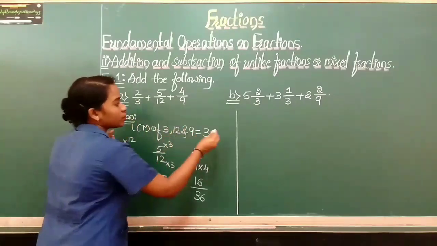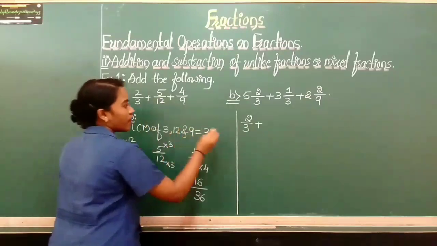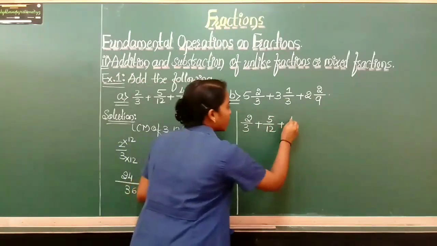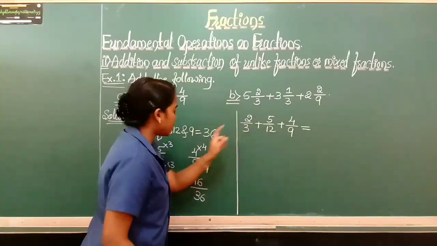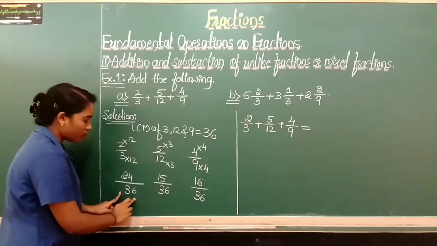Write this. 2 by 3 plus 5 by 12 plus 4 by 9 is equal to, 2 by 3 which is equal to the fraction 24 by 36.